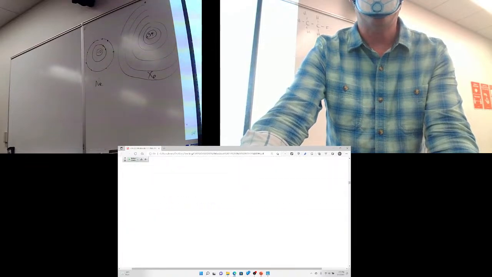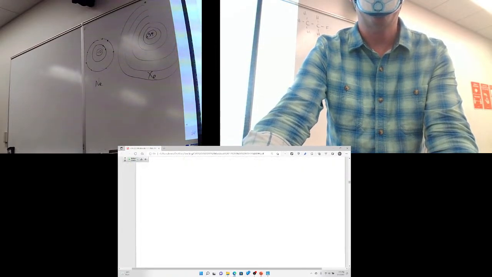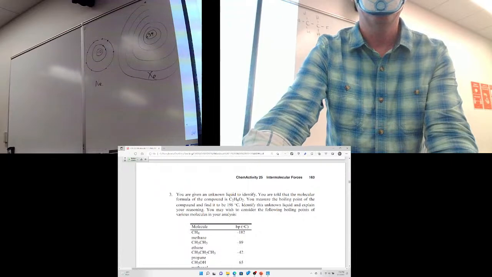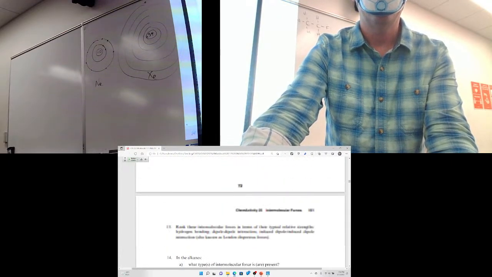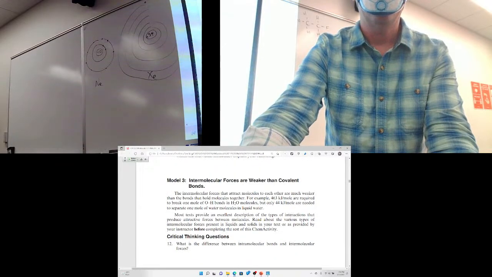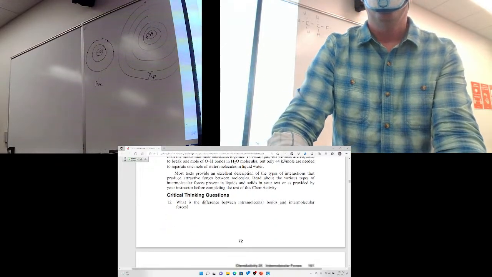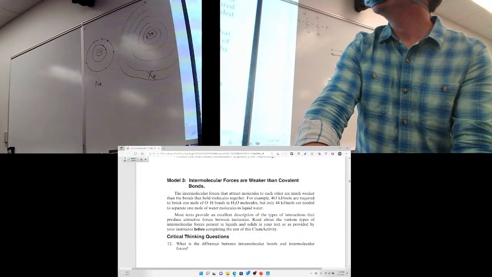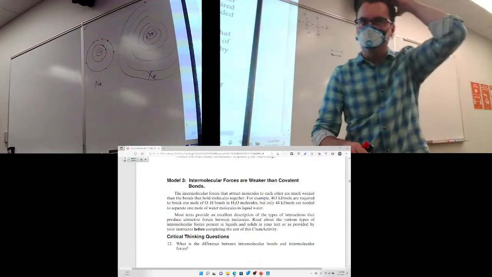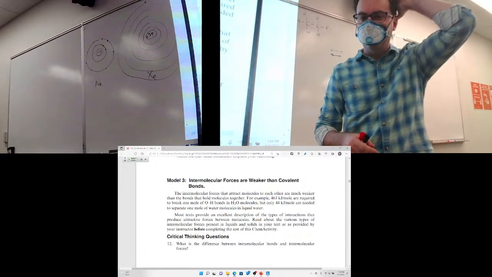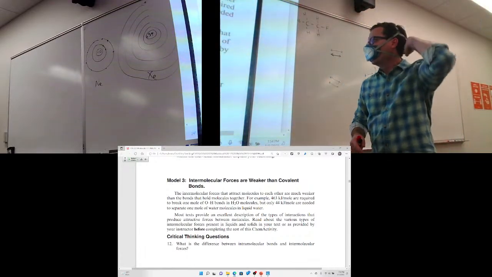So we're going backwards here. We did 25A, we're going back to 25. Okay, so this is Model 3 in CA25. I don't know what page it's on. 66, thank you.